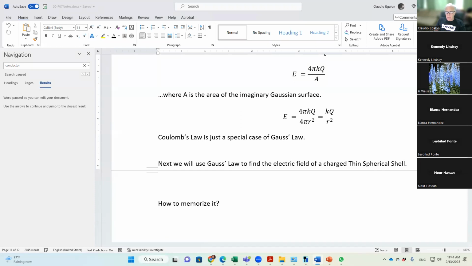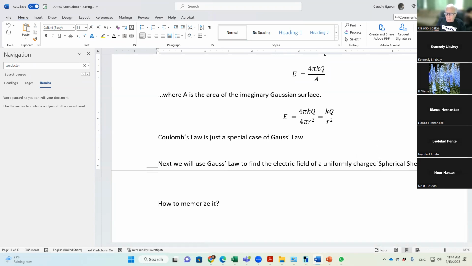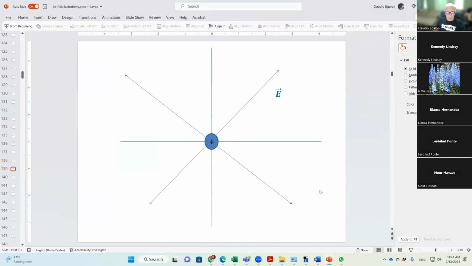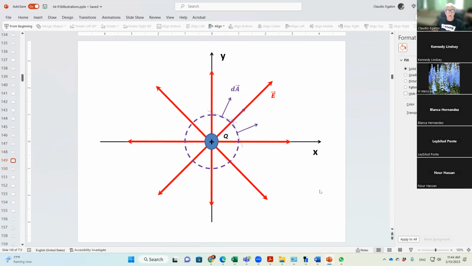Again, we have the case: find the electric field of a uniformly charged, very thin spherical shell. So I'm going to show you another case.